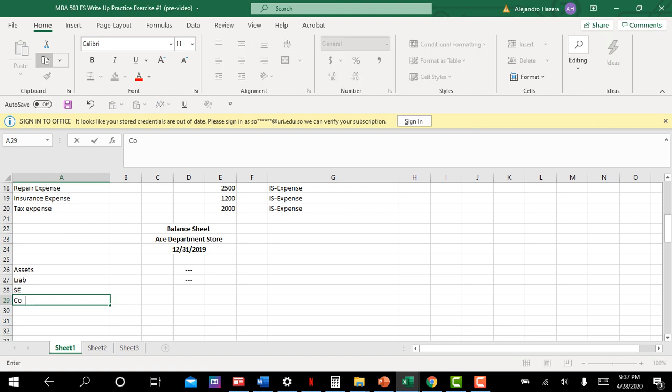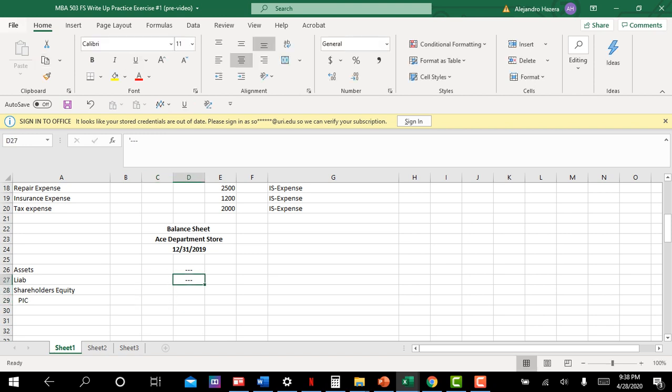You have common stock. So for shareholders' equity, you're going to have paid in capital. And I'm going to leave that blank too.